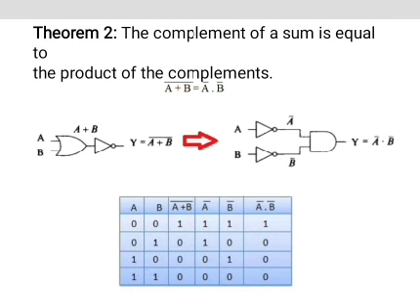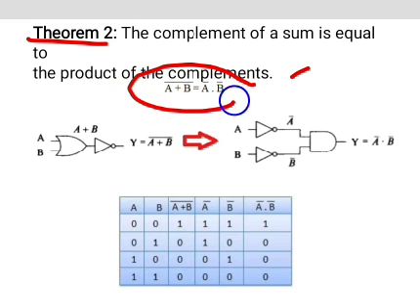Next, theorem number 2. It states that the complement of a sum is equal to the product of the complements. In the equation form, (A plus B)' equals A' into B'. This is illustrated by the gate equivalency and also in the truth table as shown in the figure.